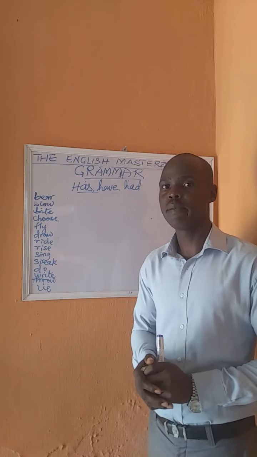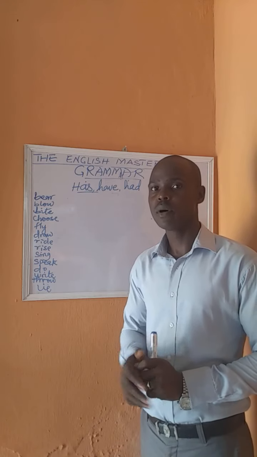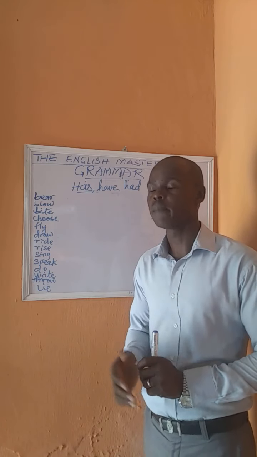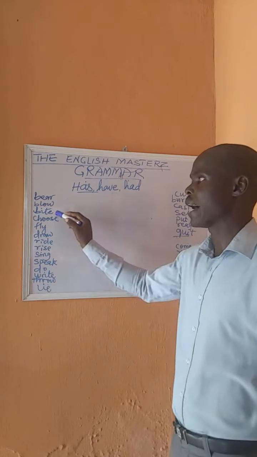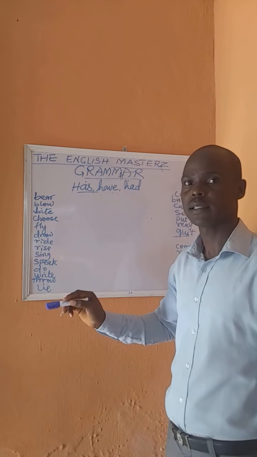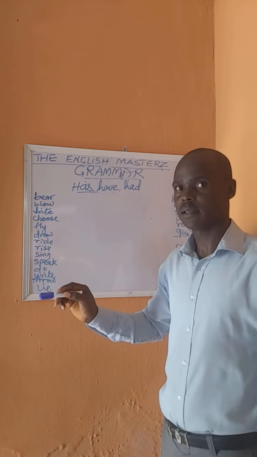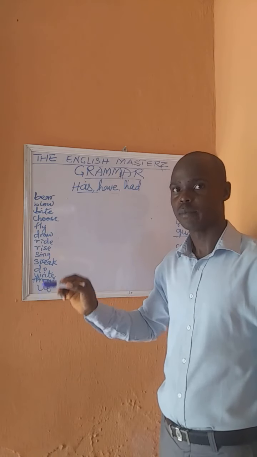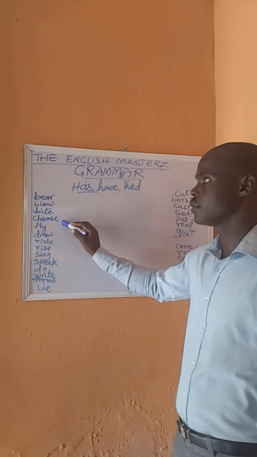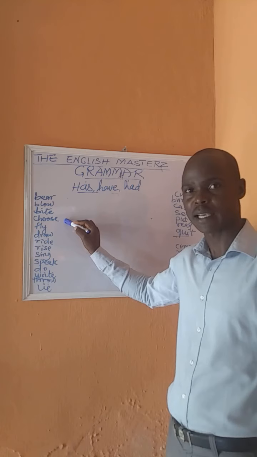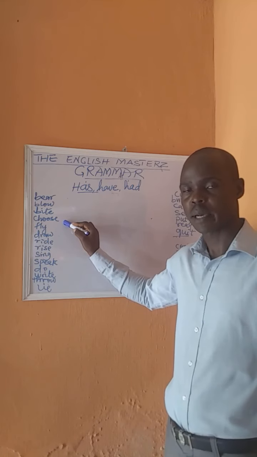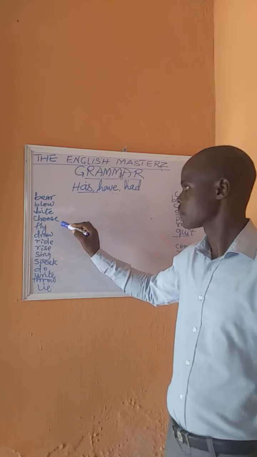Clear? Fine. Then we have blow. Past tense, blew. Past participle, blown. Now, bite. Past tense, bit. Past participle, bitten. Another is choose. Past tense, chose. Past participle, chosen.